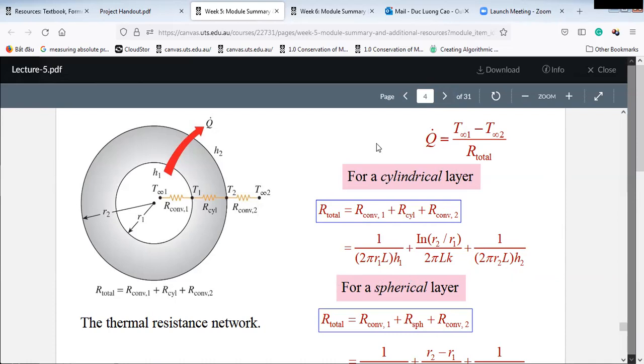So now we will start. I will use one set of data from the experiment.